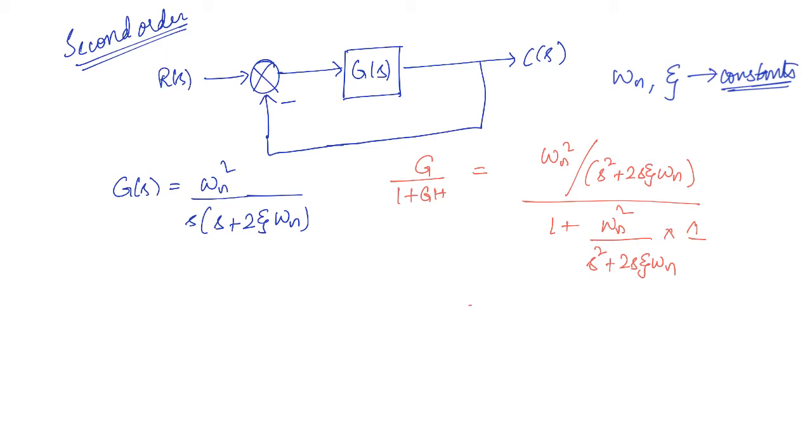This you will get as omega n square divided by s square plus 2 zeta omega n s plus omega n square.